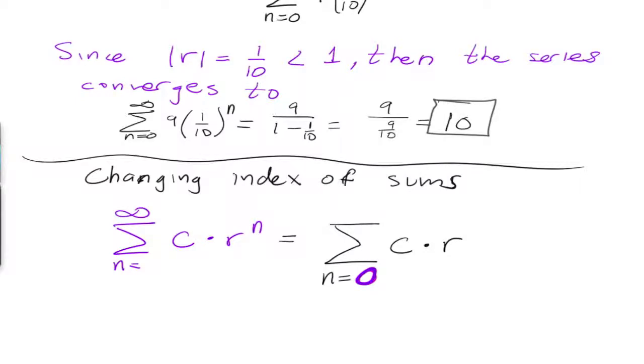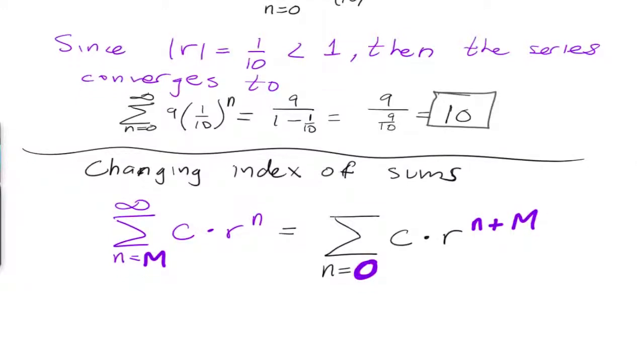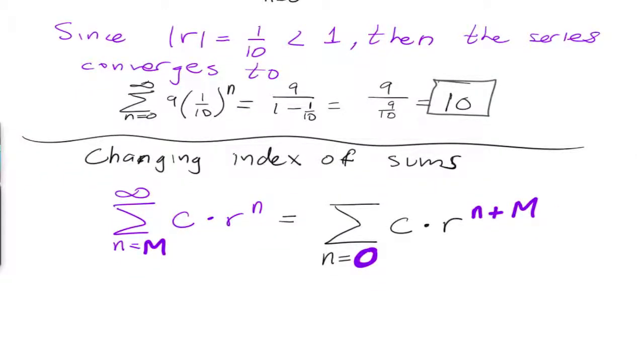There we go. All right, so now if this is m, and I want to change it so that it starts at 0, then this is going to be CR to the n plus m, right? Okay. Now the question is, specifically in this case of the geometric series, how does that affect the formula?